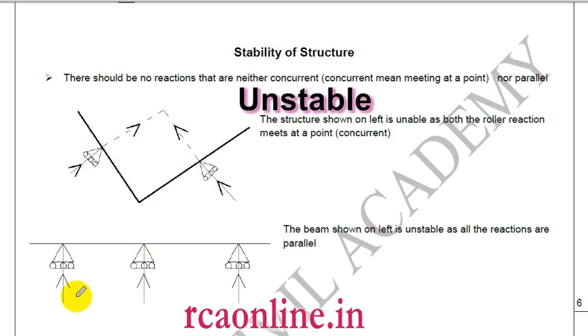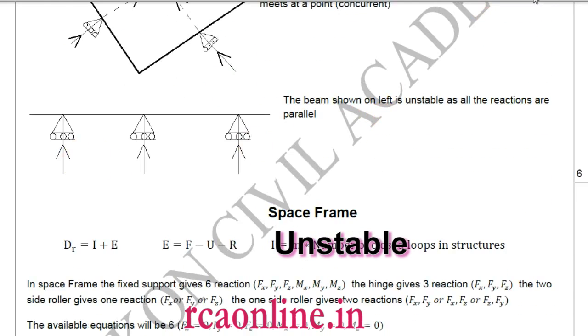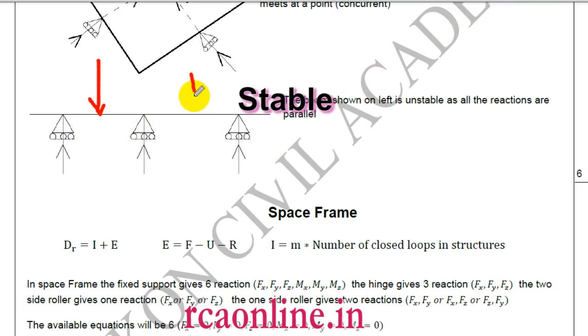Similarly, if all the 3 reactions are parallel, then for any general loading, this becomes a statically unstable structure. For any inclined loading, this structure will move on these 3 rollers. But I want to make one thing clear here: if I have a vertical loading, then there is no issue.